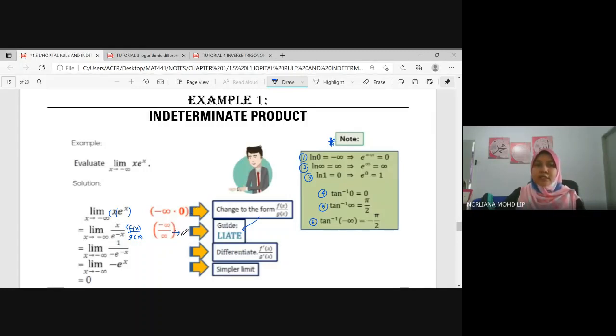Then we can apply the L'Hopital rules. So the next step, we differentiate f(x) and g(x) separately. We differentiate x to 1, over the derivative of e to the power of negative x, which is negative e to the power of negative x.